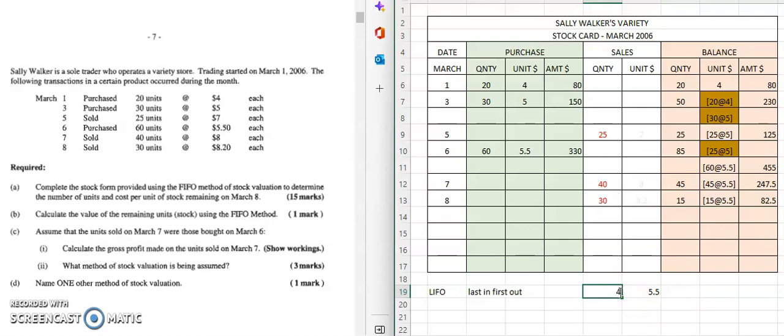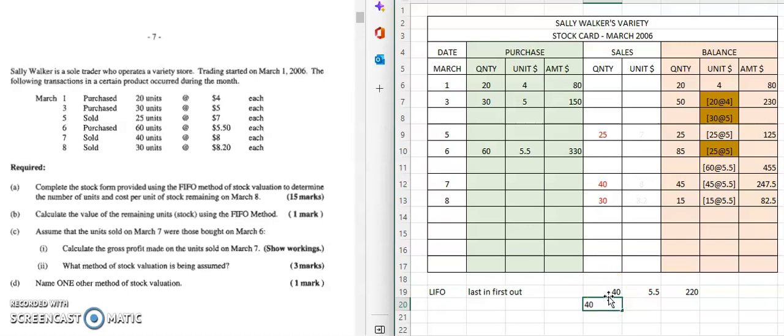It says on the 7th, right? So I had the wrong number. She's going to sell 40, which cost her 5.5 each, so that's 220. And she's going to sell them for $8, right?